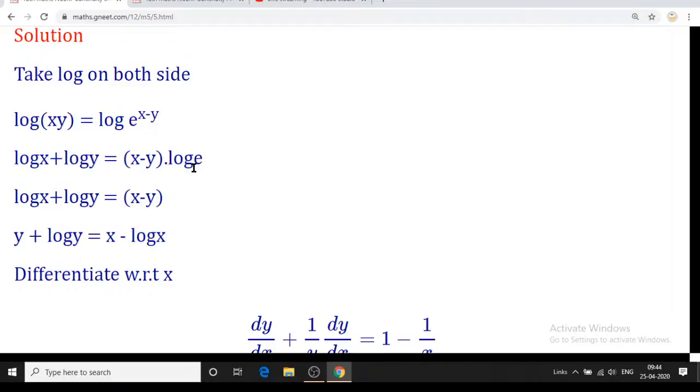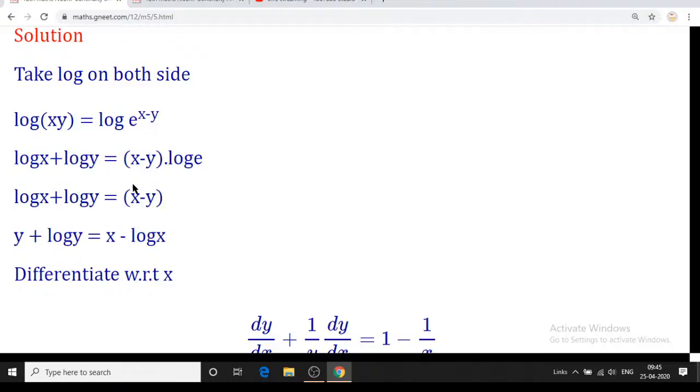Now whenever the base is not mentioned, it means the base is e. And the property of the log is that log e to the base e is 1. So the log e written in this step is not written in the next step, because log e to the base e has value 1, and we know when we multiply by 1, the answer remains the same.